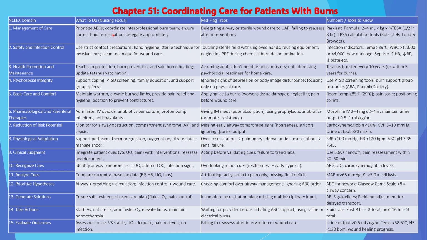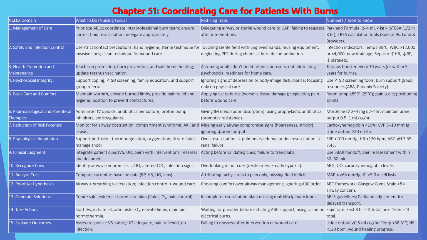Prioritize, coordinating the interprofessional burn team. I'm going to take this slide in case you want to take a screenshot. I talked about the Parkland formula, 2 to 4 ml per kilogram.